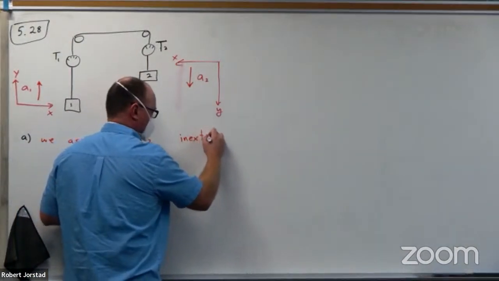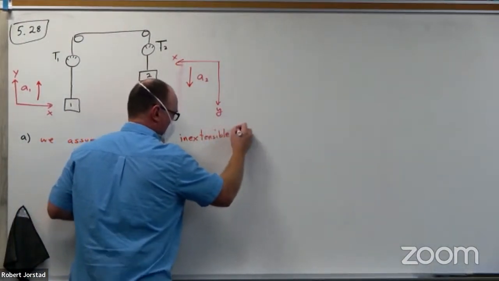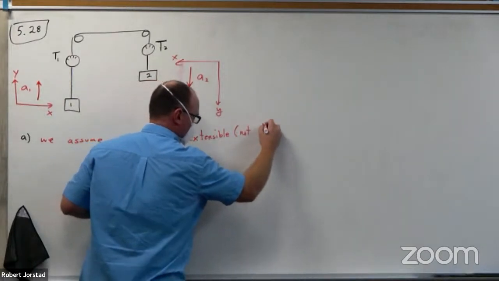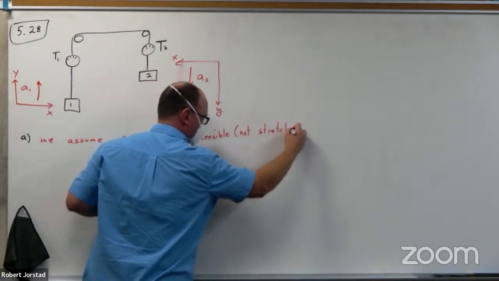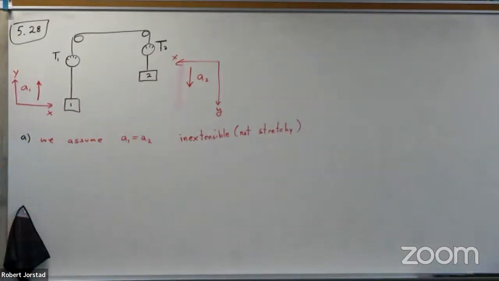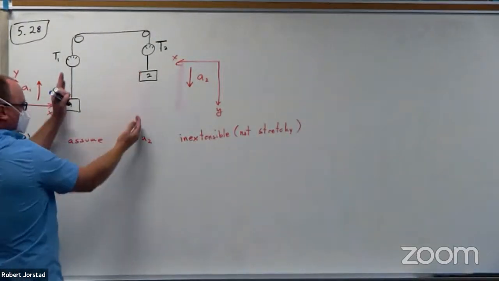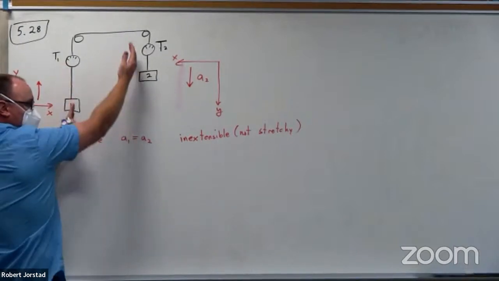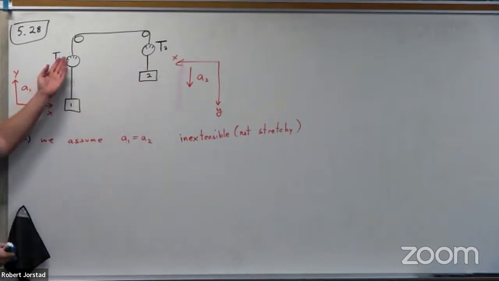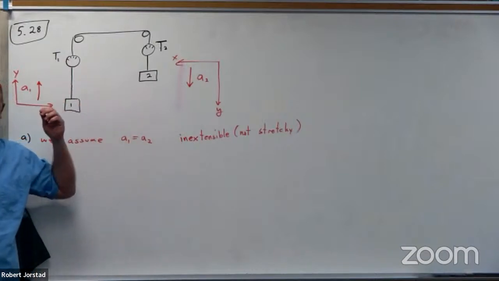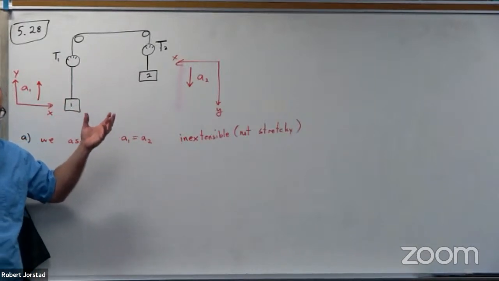Not stretchy. I'll get out of the way. We're saying the string isn't stretchy. So think about it. If the string isn't stretchy, don't the two objects have to move the same amount? So if one accelerates up this way, two would have to accelerate that way, the same amount, same magnitude.